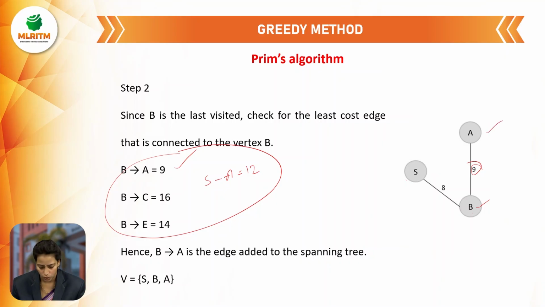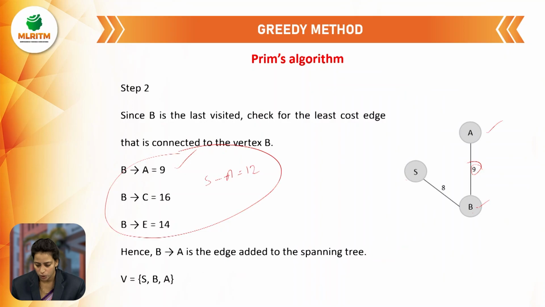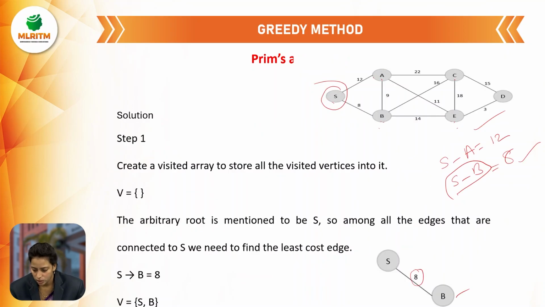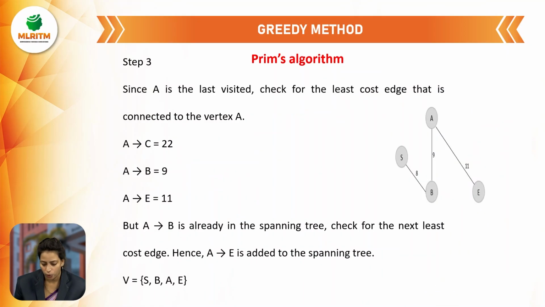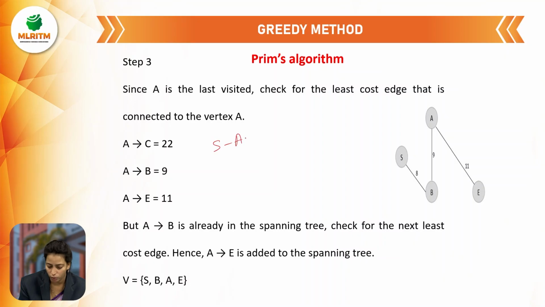Which one is the recently added node? A, right? So find out the unvisited adjacent vertices of A. A to C, A to B, A to E. All 3 are there, right? Previously another edge is there, S to A equal to 12.